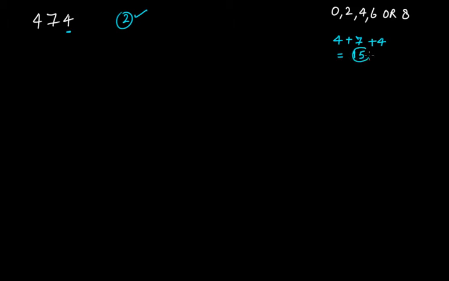Is 15 divisible by 3? Yes, this is 3 times 5, which is 15. Therefore 3 is a factor of 15, that is, 15 is a multiple of 3, that is, 15 is divisible by 3. And since the sum of all these digits is divisible by 3, therefore this number will be divisible by 3.